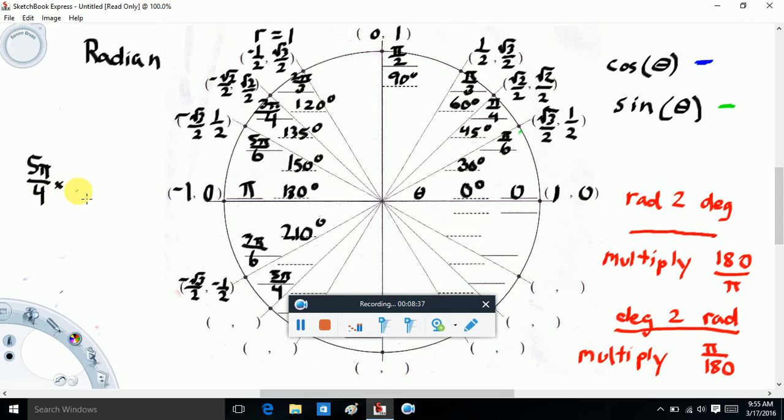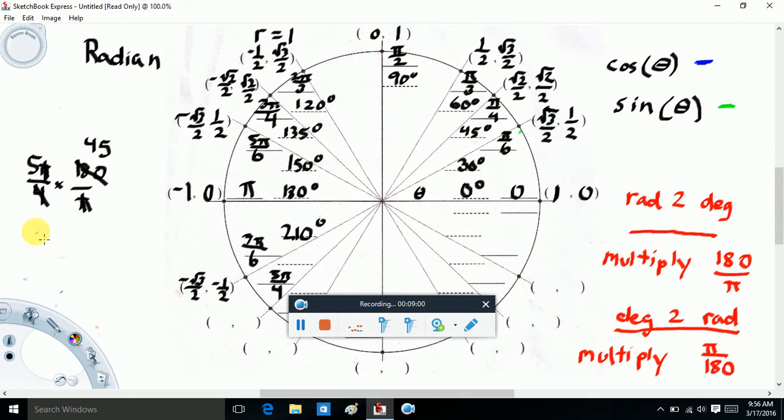We want the pi to cancel out, so we know that goes on the bottom, then the 180 goes on the top. So the pi's will cancel out, and 4 goes into 180 45 times.